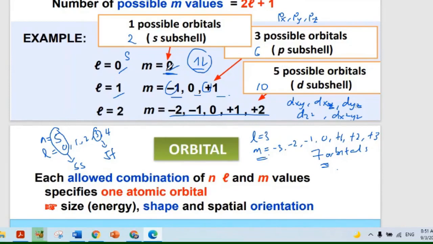Just now we discussed that for S subshell, 1 orbital can place 2 electrons. 3 orbitals can put 6 electrons. 5 orbitals can put 10 electrons. If there are 7 orbitals, how many electrons? 14 electrons. Now my question: when n equal to 5, how many electrons can be placed?